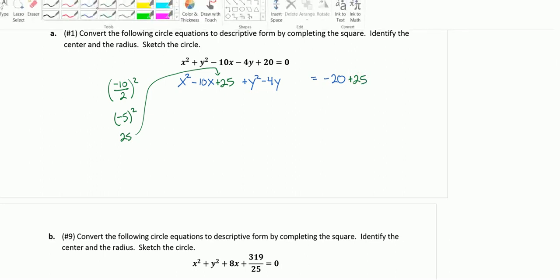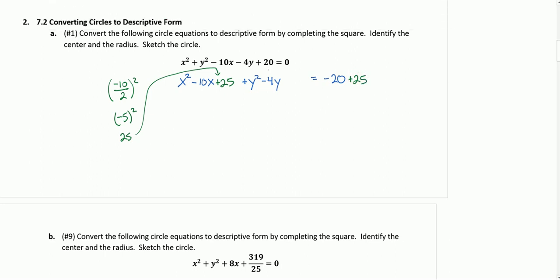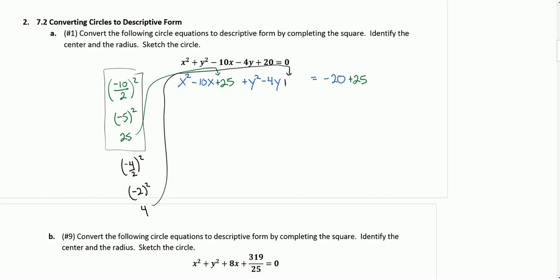And then we want to do this again for our y values. We want to take the negative 4, cut it in half first and then square it, and we get negative 2 squared, which is positive 4, and that's what we're going to add to the y terms.